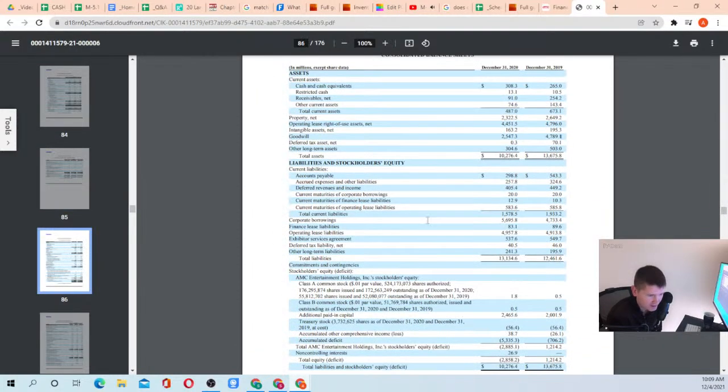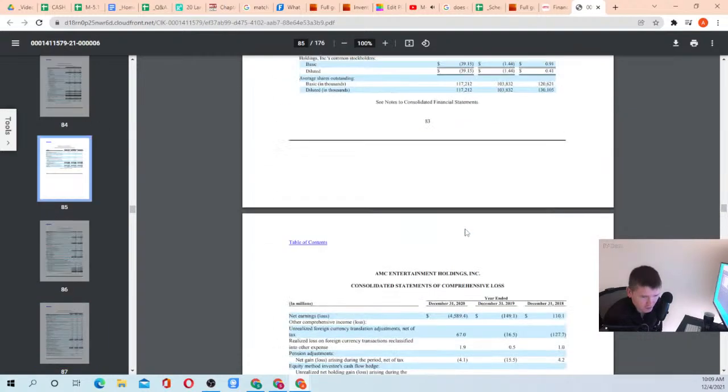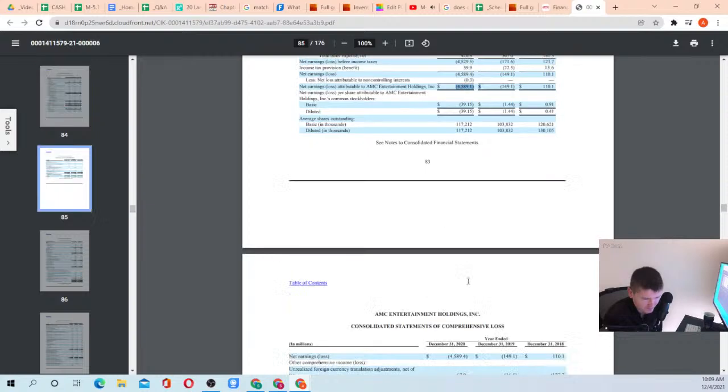But let's look at the cash flows. And here it is, a cash flow. And operating activities cash flow is only a 1.1 billion cash outflow for that year compared to a 5 billion loss.